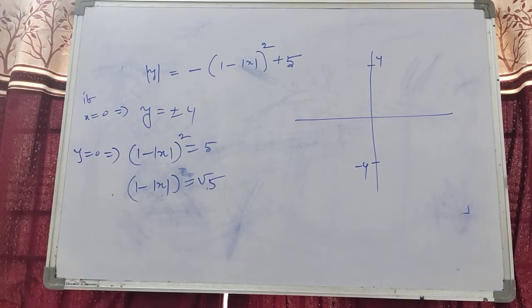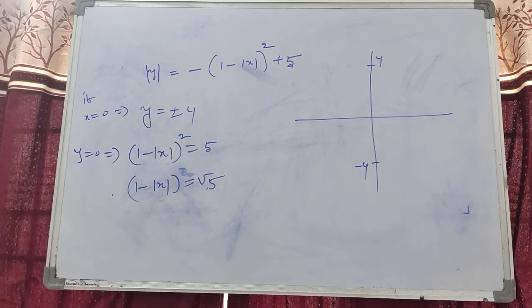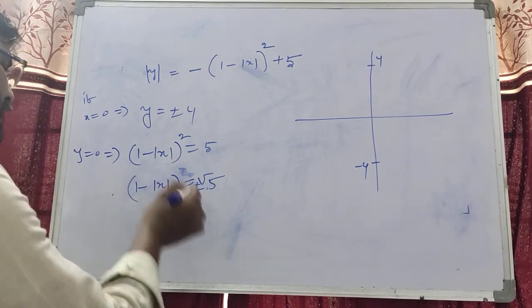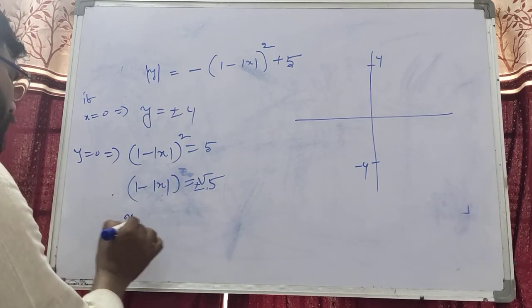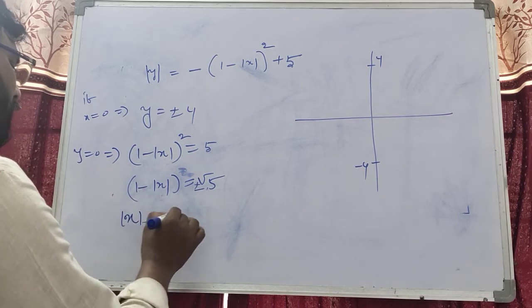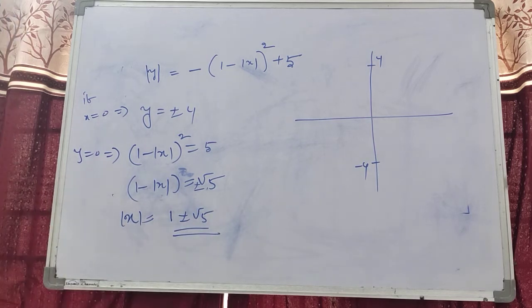Therefore the mod x will come here, plus or minus, and the mod x will be sent to the other side. Therefore the mod x equal to 1 plus or minus root 5.